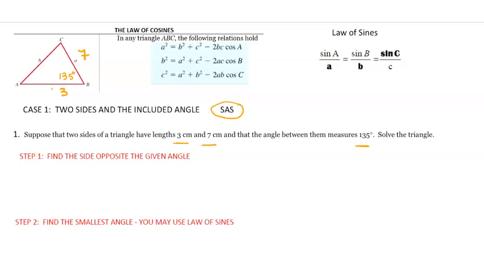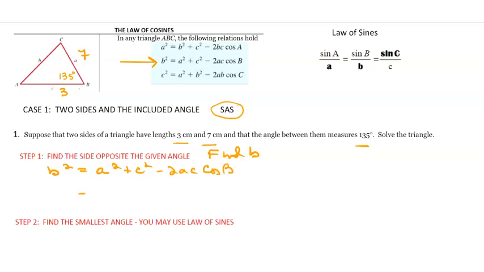The given angle was angle B, so I want to find little b. I'm going to use the second variation of the law of cosines. I'm going to give you all these laws. Your job is going to be to apply it. So we're going to use this one, b squared equals a squared plus c squared minus 2ac, the cosine of that given angle.